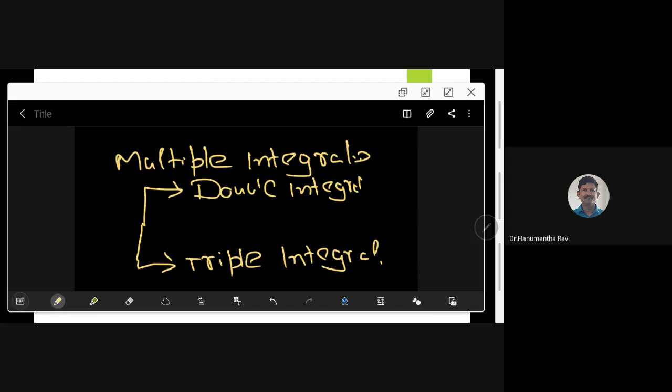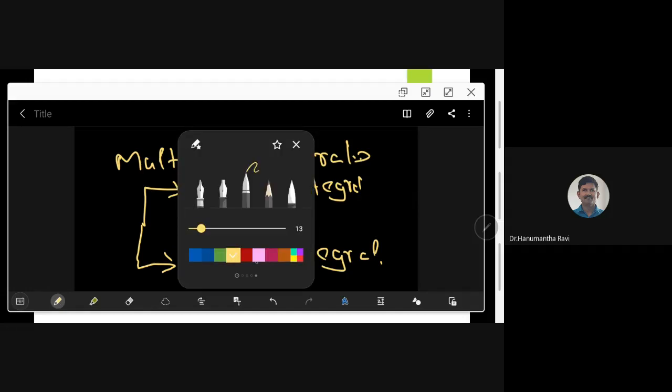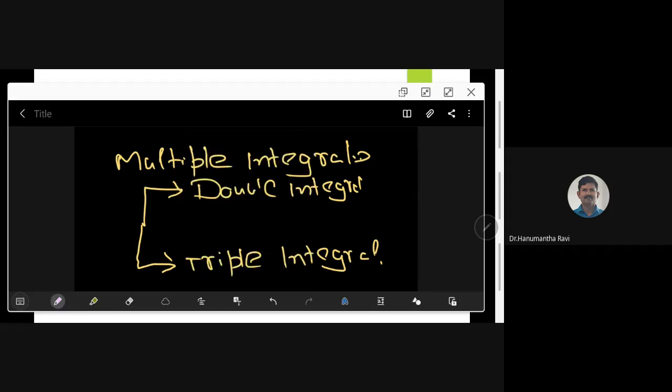See again what we mean by a double integral. In the double integral we can talk about the integrand first. The integrand is a real valued function of two variables, usually x and y.